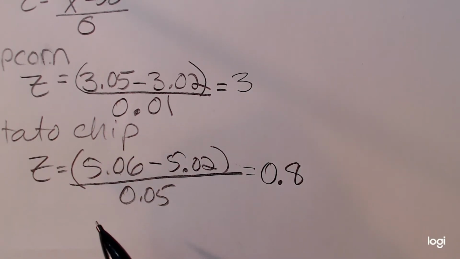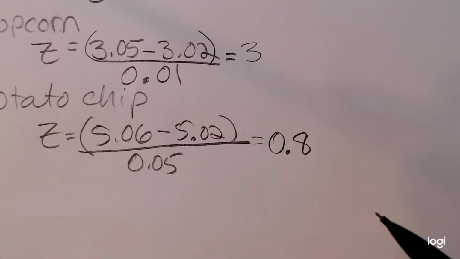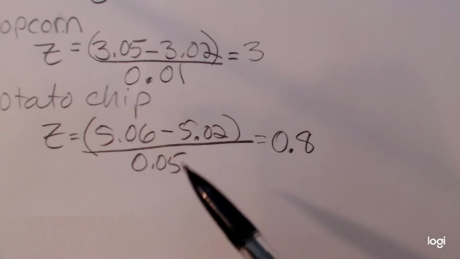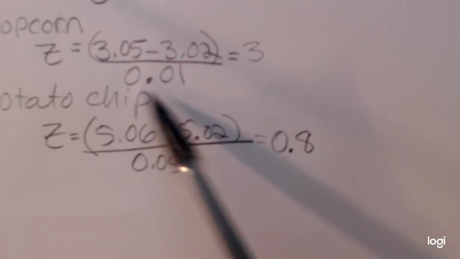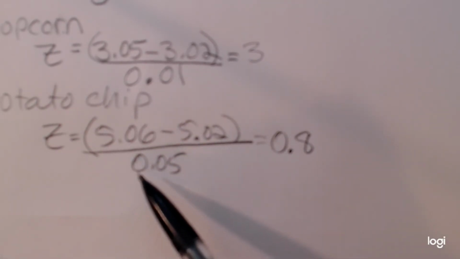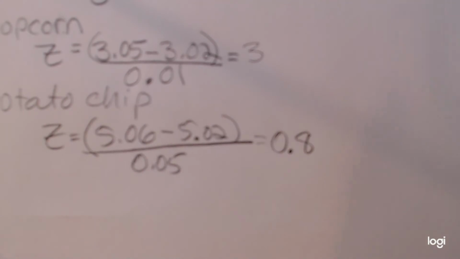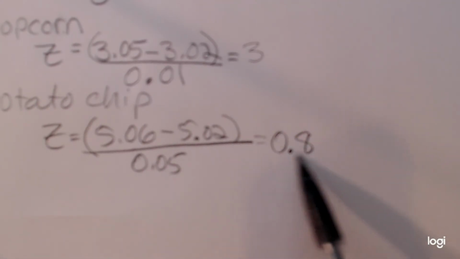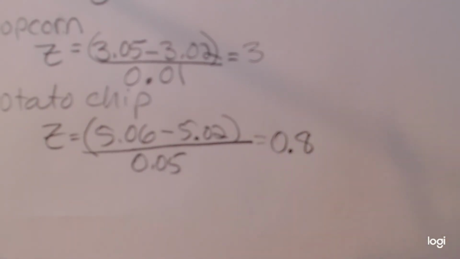So in terms of the manufacturer's perspective, the assembly line for the potato chip bag is performing a little better because based on the single sample, its z-score is closer to the mean.